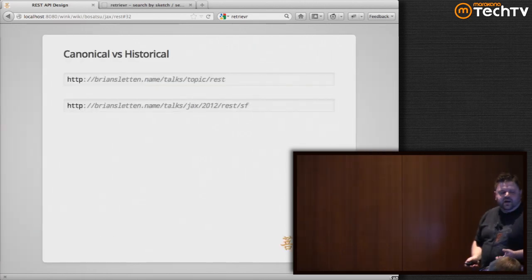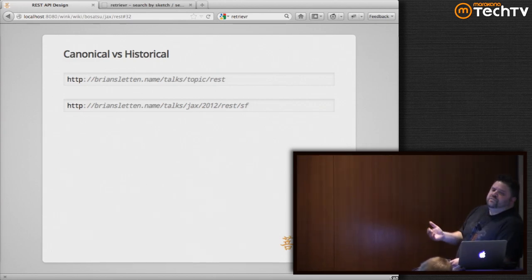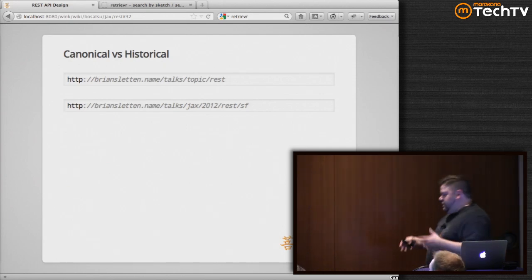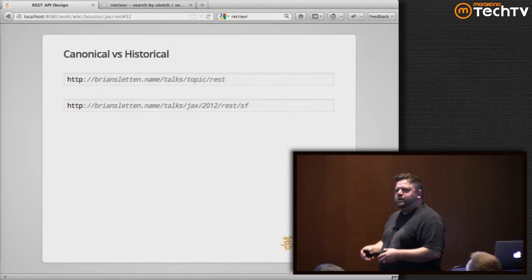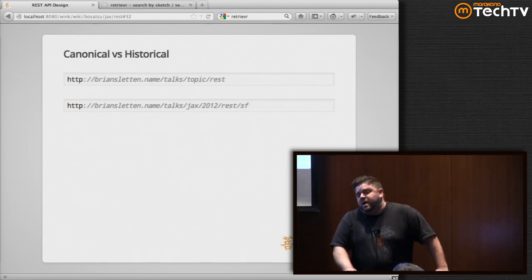So one way that we can get around this is to mint URIs that are meaningful in different ways. So I can have a canonical one that says, all right, this is the link to my REST talk, and it changes over time. It changes, you know, talking to people, what they like, what they don't like, new frameworks, new thinking. So if you bookmark that, you might get something back different every single time, but it represents my latest thinking.